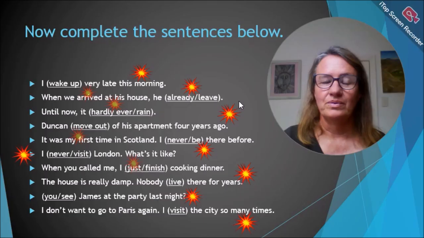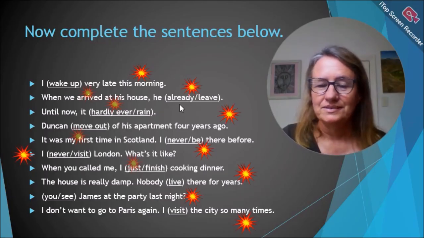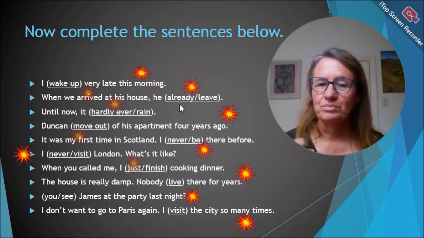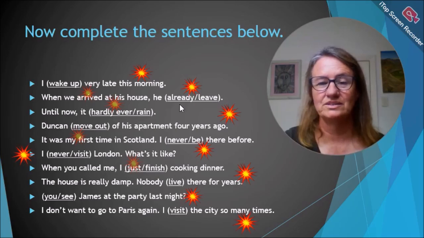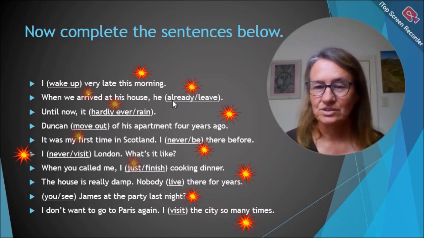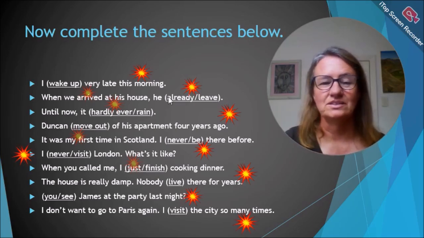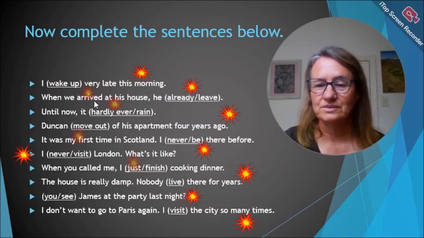When we arrived at his house, he already leave. What are we looking for here? What's the trick? Already is telling us perfect. So it's going to be either present perfect or past perfect. Second trick, second clue in this sentence. Arrived.